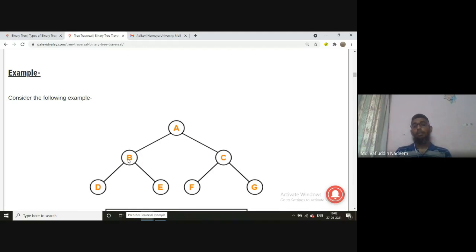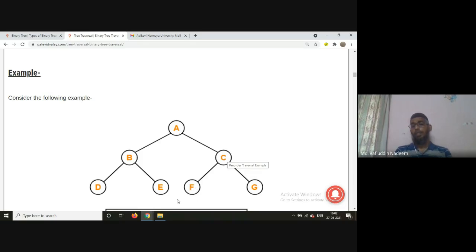Then for B, the left side is already completed, so you go for the right side. So A, B, D, after that E. Then you go back. A's left side is over, so you come to the right side and take it as a right subtree. For the right subtree, visit the root node, which is C. Then you come to the left side, where F is the root node.